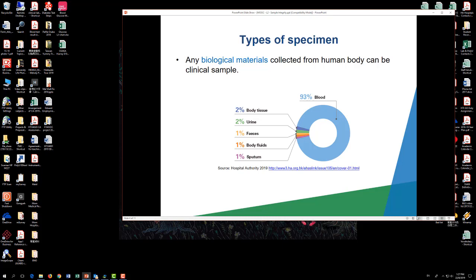Other than blood, body tissue, urine, feces, body fluids, and sputum are the other common samples.